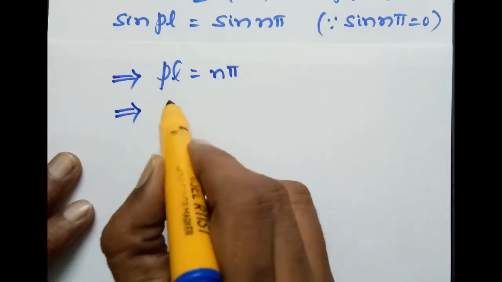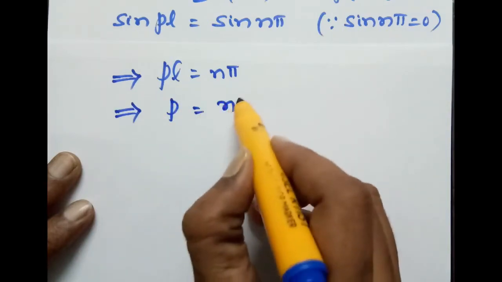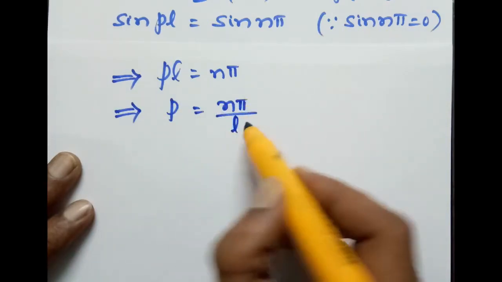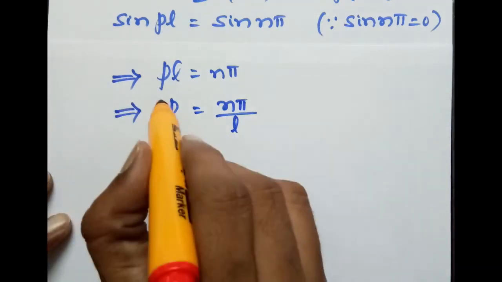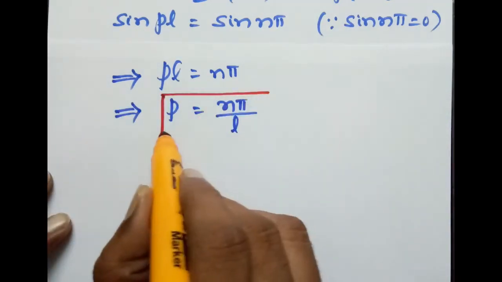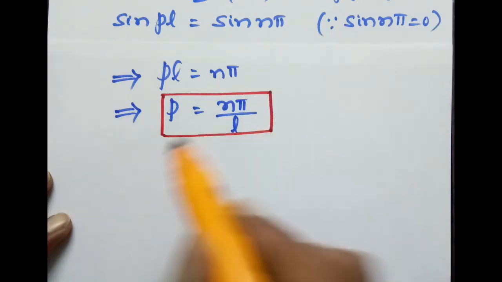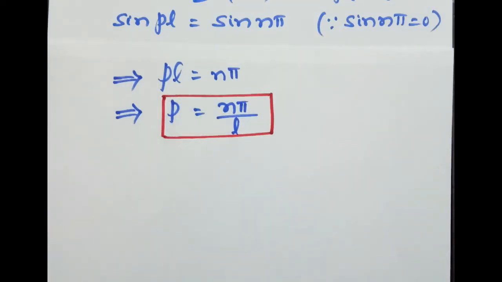Therefore, this implies P is equal to n pi by L. Substituting P equal to n pi by L in equation number 2.